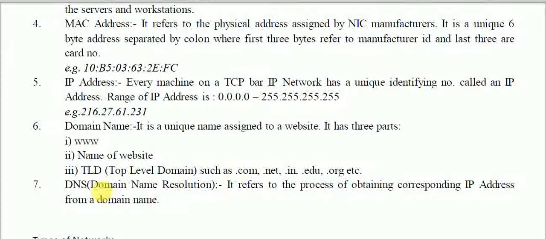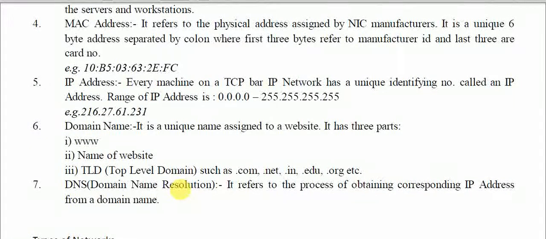Then last is DNS. DNS is the domain name resolution. Now what is the use of domain name resolution? It refers to the process of obtaining the corresponding IP address. Means from a domain name we get the IP address. This is known as the domain name resolution.